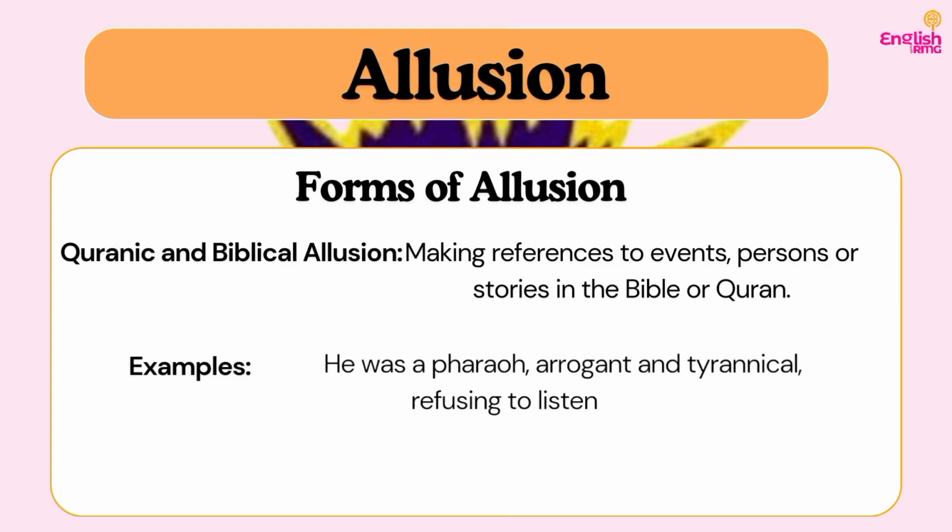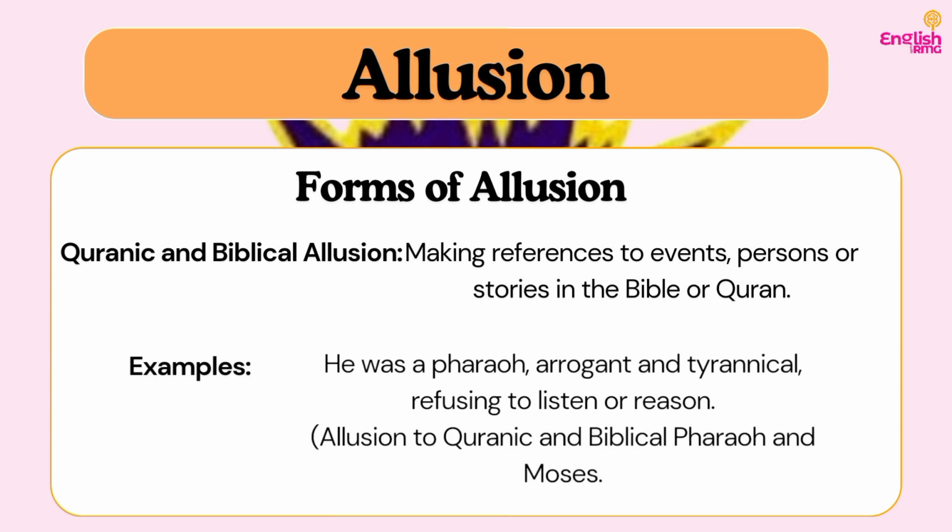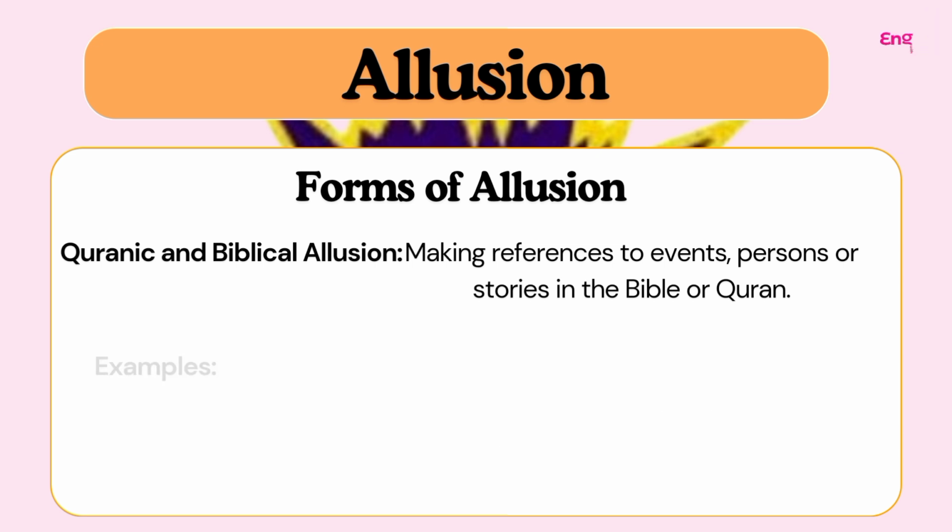We have, it was a pharaoh, arrogant and tyrannical, refusing to listen or reason. I want to believe all Christians and Muslims know about the pharaoh, how arrogant and tyrannical he was when he ruled. So you can also make allusion to Pharaoh and any other biblical or Quranic story, event, or person that you know.